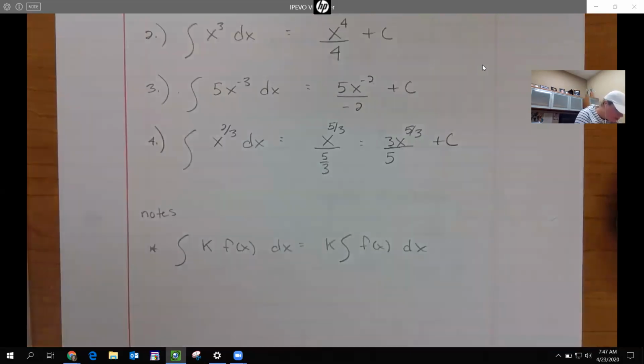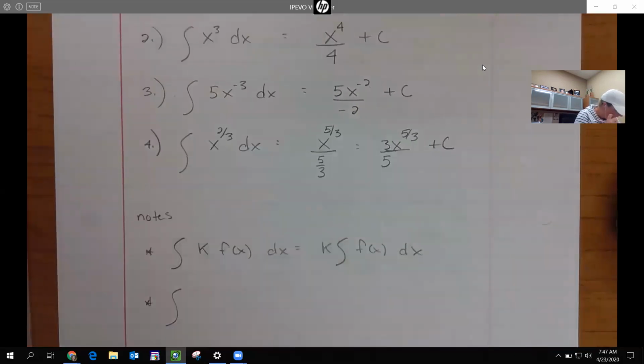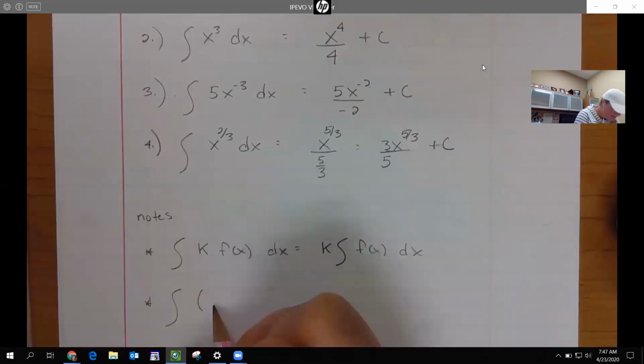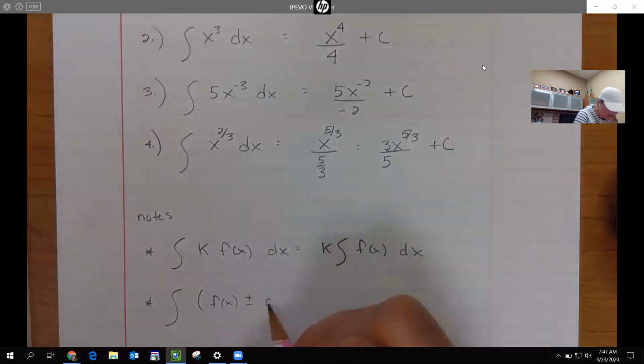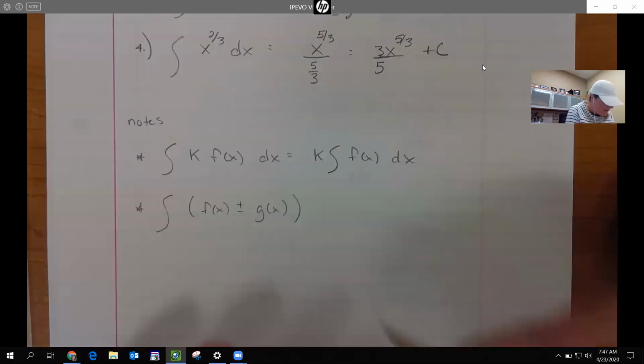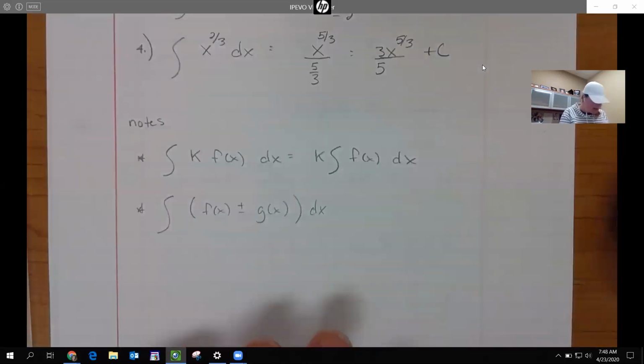One more rule I want to make sure I write down is the idea that if I have a function plus or minus another function, just like we have all the time, we have x to the third plus 4x and minus 3 or something like that. We know we can take the derivative of those by taking each part. Same with the antiderivative.